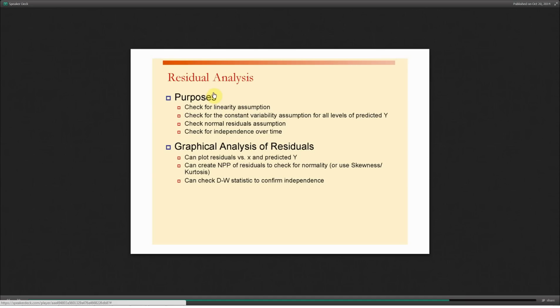Okay, so now that we understand how to get an estimate for our simple linear regression model, meaning an estimate for the slope and for the intercept, and that we can test whether there is a significant relationship by looking at whether the slope is 0 or not 0, and that we know how good that relationship is by looking at the r squared and the r, where r squared means how much variability in the dependent variable is explained by the independent variable.